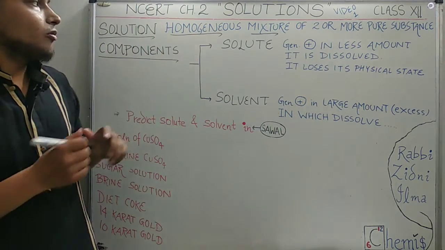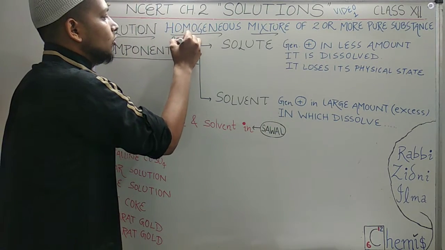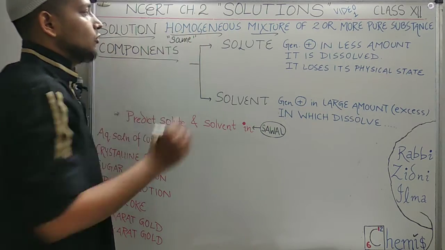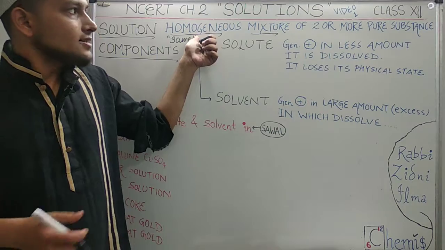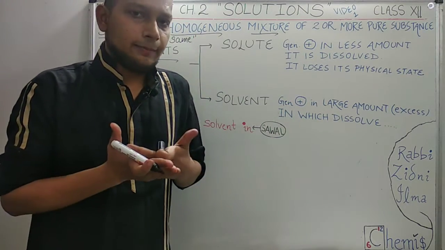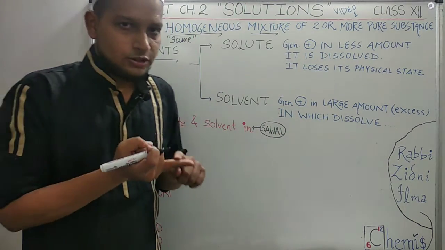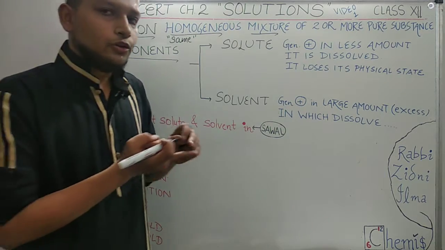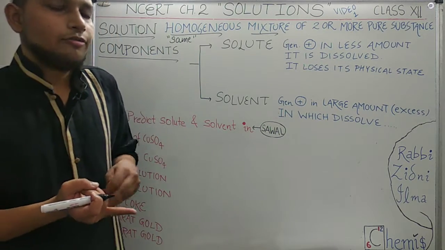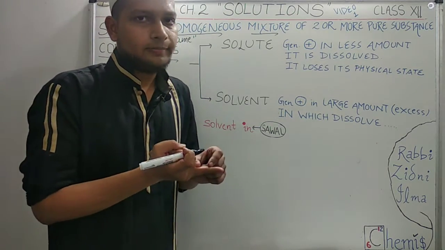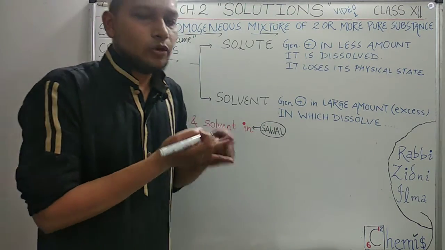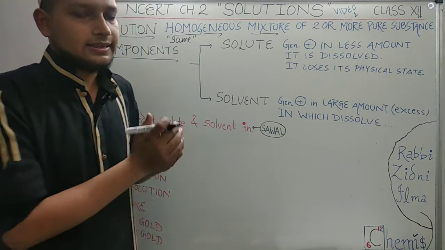Now, homo word means same. So, we know solution is a homogeneous mixture. Examples: solution of water and sugar, urea and water, ether and water, alcohol and water, sodium chloride and water, and many other examples.